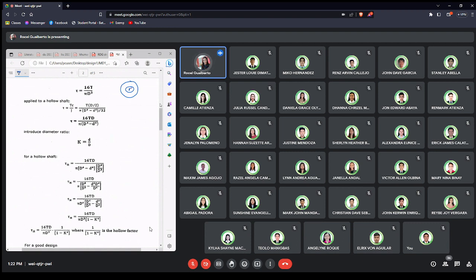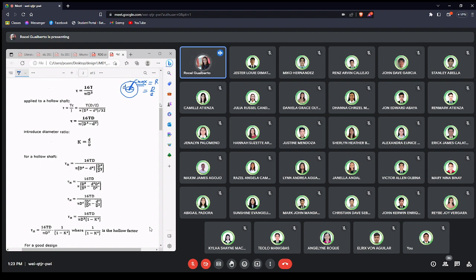For example, from here to here, that is also C. From here to there, that would also be a value of C. So this is what we call C maximum, from the center to there. If you are to obtain the C maximum, then that would be the outer radius. So, when you say outer radius, that's the outer diameter divided by 2. For the inner diameter, we use a small letter.